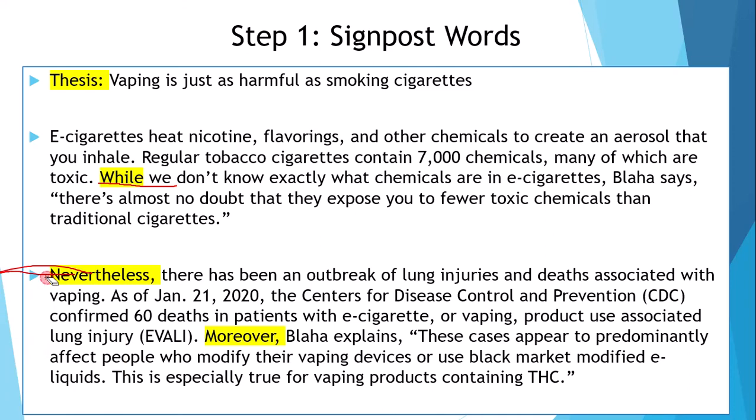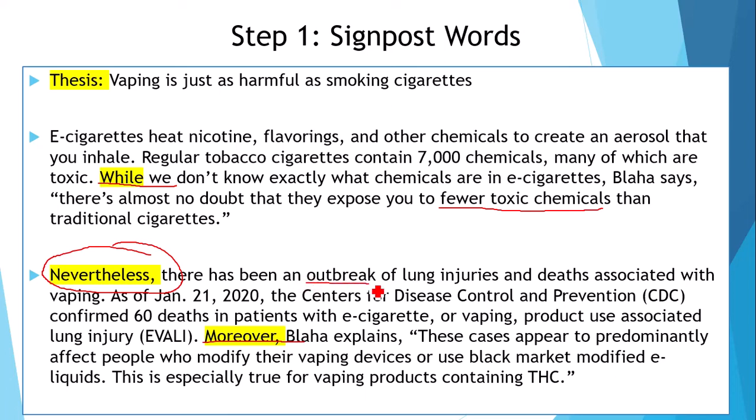This time I do mean to erase. So here's the key word here. Moreover does help to introduce this quotation. But the real key word is nevertheless. Because now there's a better connection between being exposed to fewer toxic chemicals.